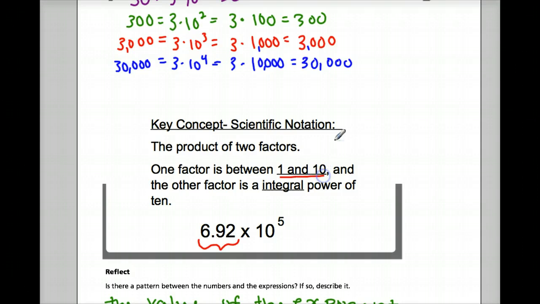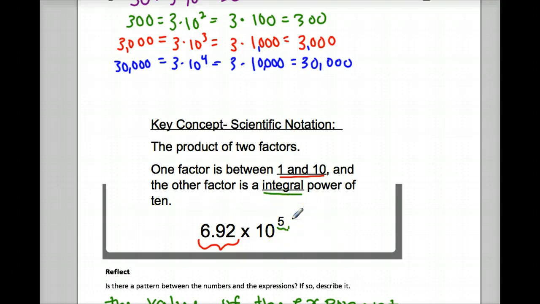So I'm going to underline both of these in red. And the other factor is an integral power of 10. So it's always going to be a power of 10, meaning this exponent here has to be an integer. So we're going to have a number times 10 to the power of an integer. So we're not going to have a fraction or decimal up here. It'll be a positive or negative number.